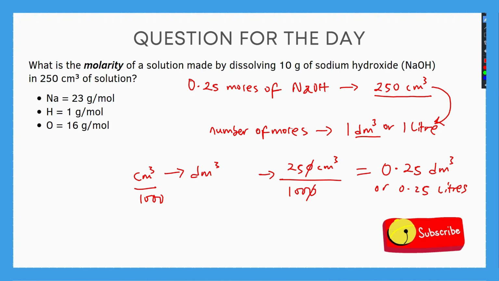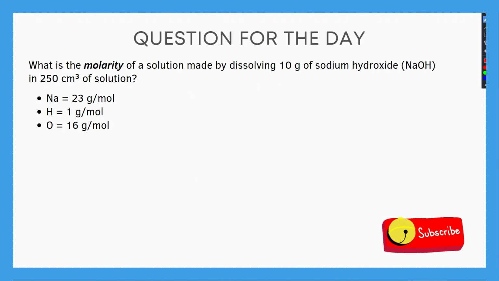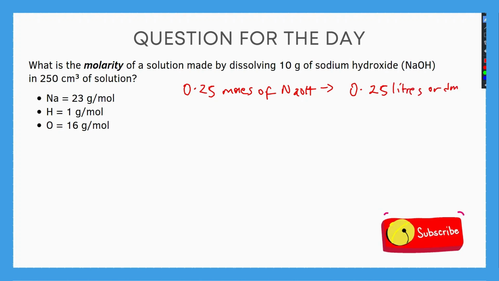So now that we have converted the volume into liters, it means that we have 0.25 moles of sodium hydroxide contained in 0.25 liters or dm³ of the solution. Remember, we said molarity is number of moles contained in 1 dm³.